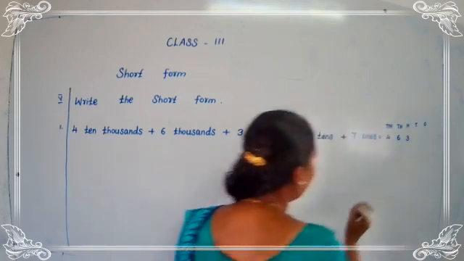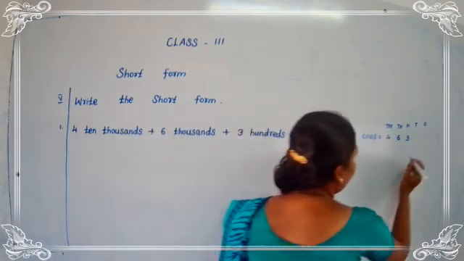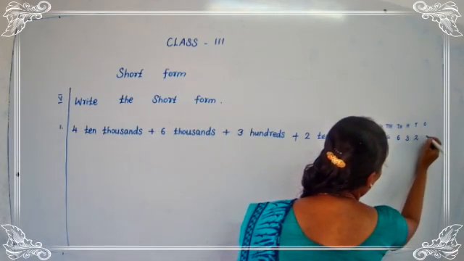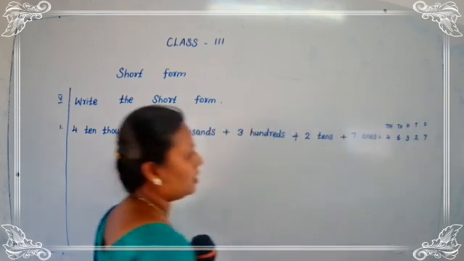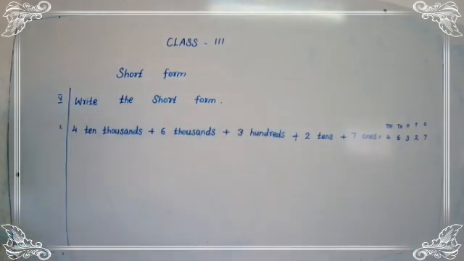Then how many tens? 2 tens and 7 ones. What is this number? 46,327.